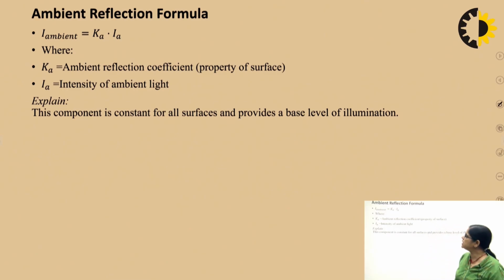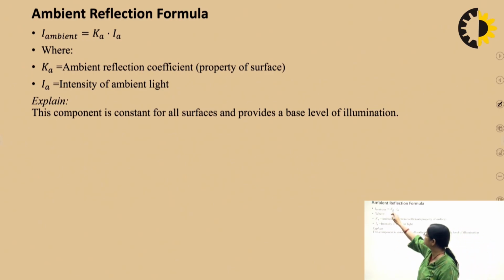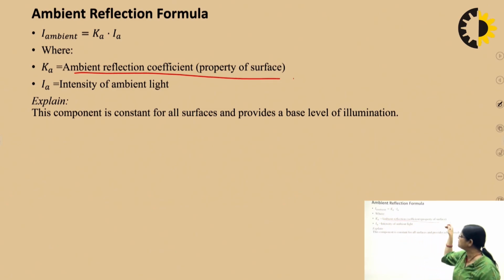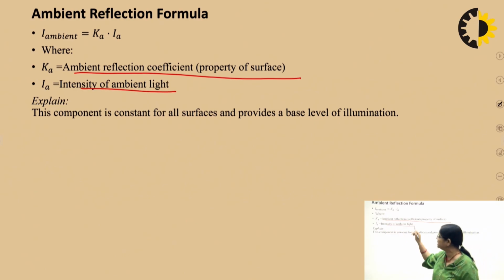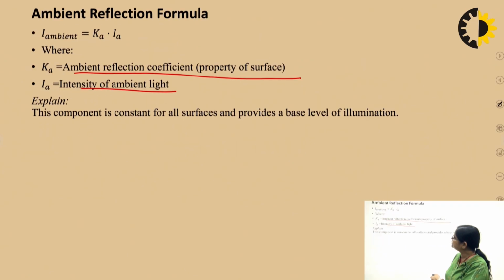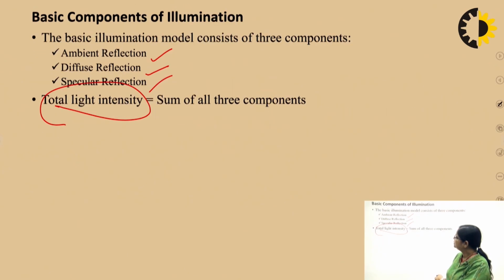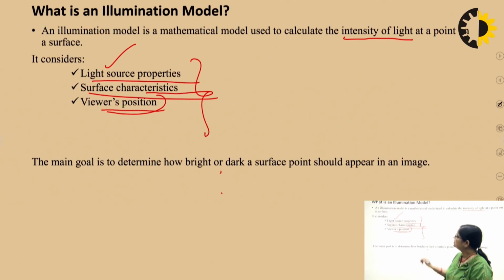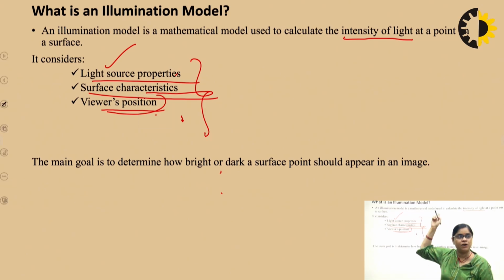The ambient formula is I ambient equals Ka dot Ia. This is a vector multiplication, where Ka is the ambient reflection coefficient, that is the property of the surface, and Ia is the intensity of the ambient light. If you remember, we have the light source, surface, and viewer position, and in the ambient, what I have calculated is the light source and the surface.